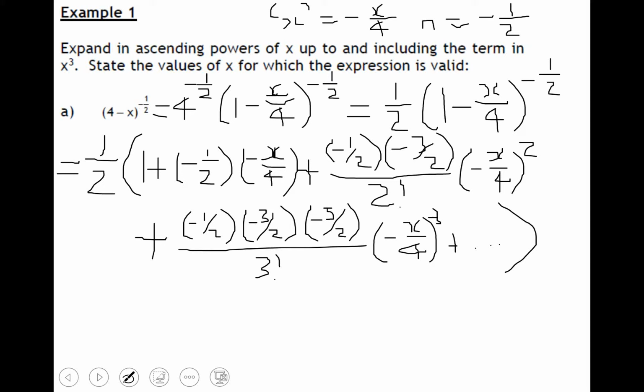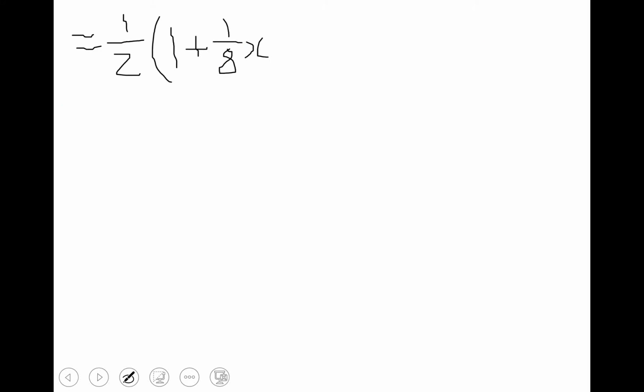Now remember, when we square that bracket, we'll not only get x squared, but we'll get minus a quarter squared. So we'll need to times the 3/8 by minus a quarter squared, and we get 3 over 128 using my calculator.